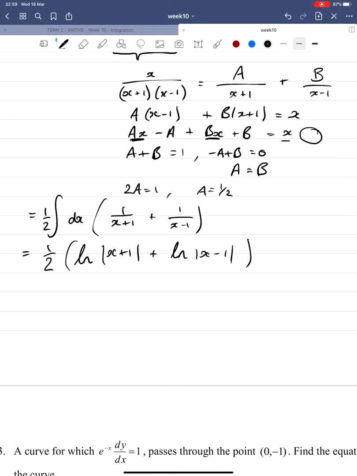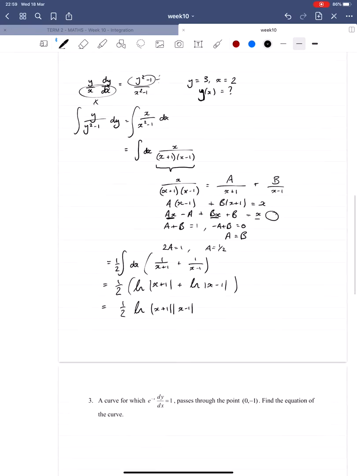Very nice. Is equal to a half ln of x plus 1 times x minus 1. And then we are done.